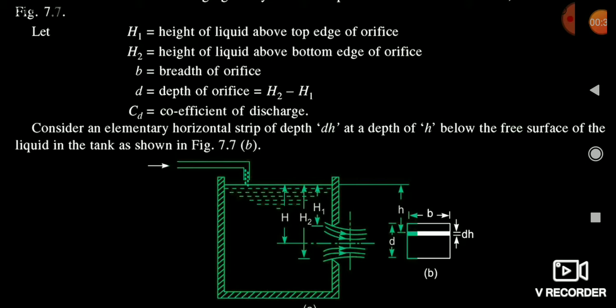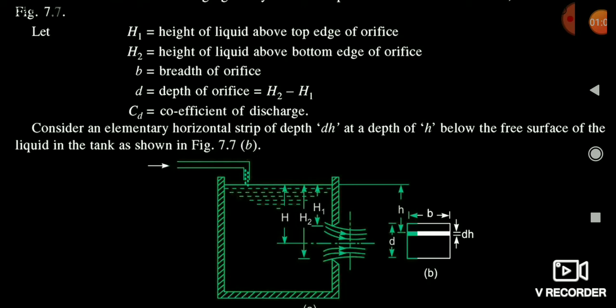You can clearly see here h1 is the height of the liquid layer from the top edge of the orifice. What is an orifice? Suppose we have a cylindrical jar and we put some hole at some height h above the bottom of the jar, then the hole will behave like an orifice.